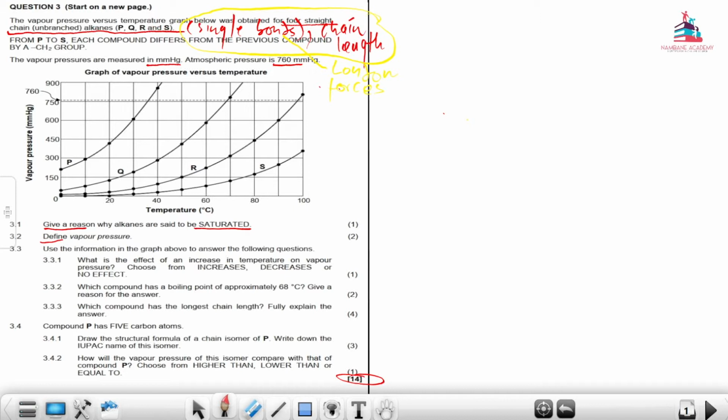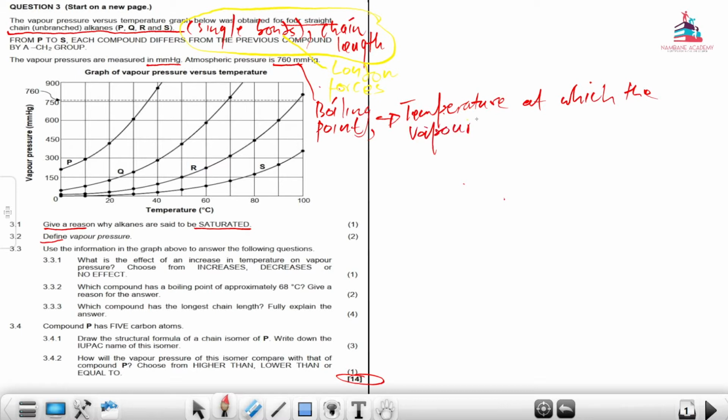Remember, we said for us to talk of boiling point, we said boiling point is defined as the temperature at which the vapor pressure is equal to the atmospheric pressure.